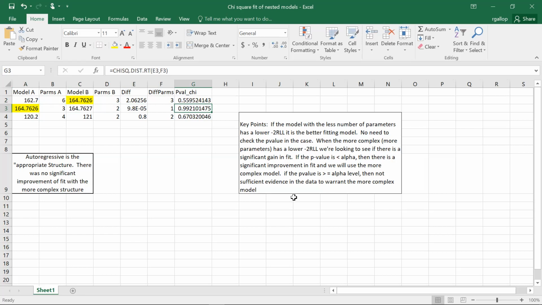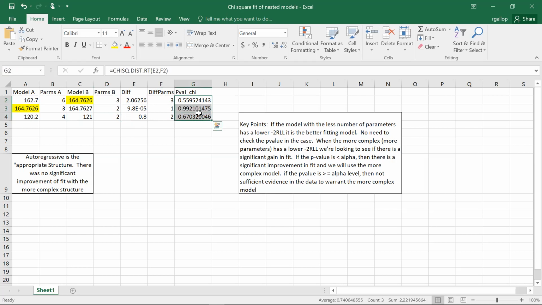So again, each row, we're comparing a variance covariance matrix with more parameters to one with a smaller number of parameters, and we're trying to see if there is a significant gain in fit by the more complex model. Whether or not this p-value is below the alpha level will tell you that.